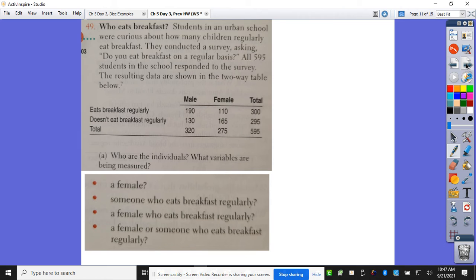And then this one, we actually would have to do it because it's an or. What's the probability that they're female? 275 out of 595.